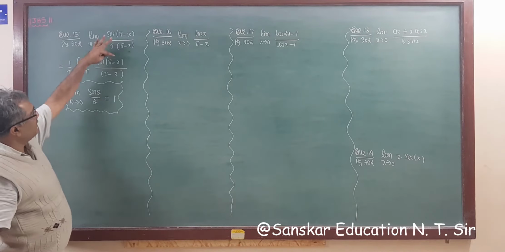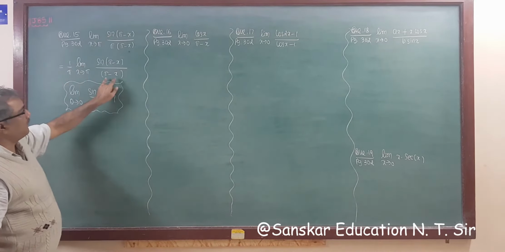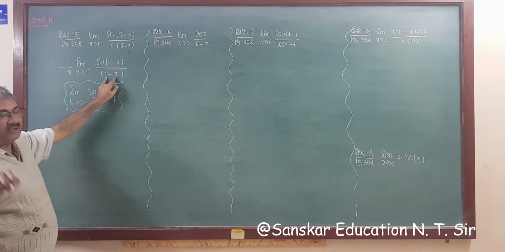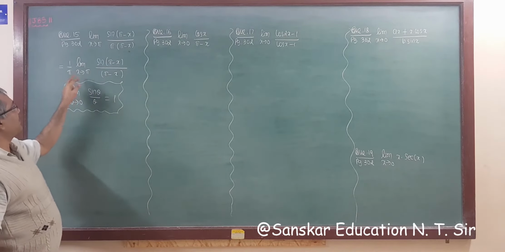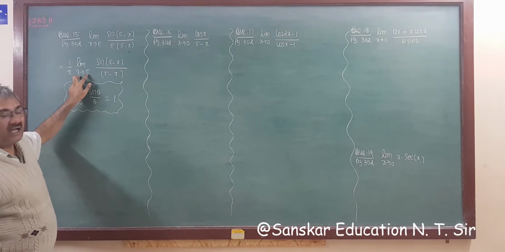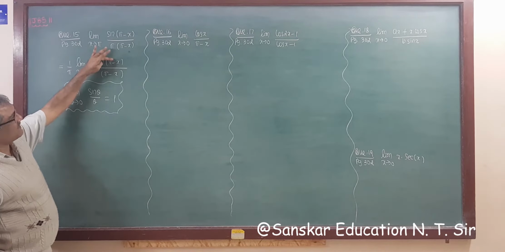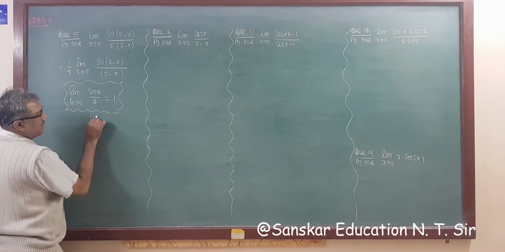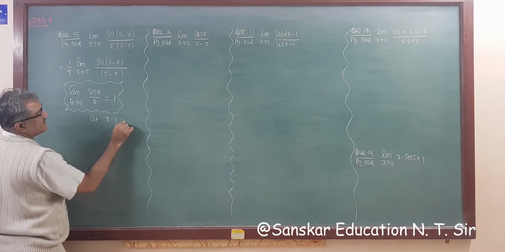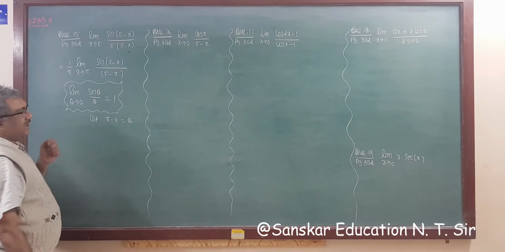Now see, theta is pi minus x, but we want this to tend to 0, but x tends to pi. So suppose I assume that pi minus x is equal to theta, right?